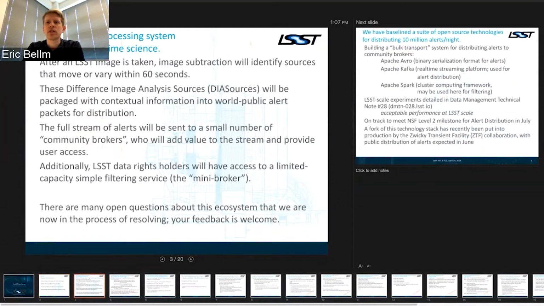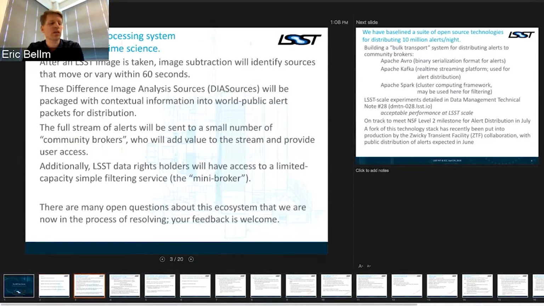So again, just to set the context, the prompt processing system, which historically has been called the level 1 system for LSST, is really focused on enabling real-time science. So we take an image, ship it up to the data facility, perform image subtraction, and identify everything on that image that is above a threshold.